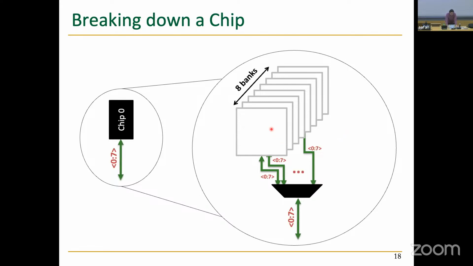Okay, so this is what's inside a chip. You have multiple banks. You have 8 bits of data coming to your chip, and all 8 banks can provide 8 bits of data. If you remember, we have these banks so that we can leverage what we call bank level parallelism. I'll describe that with an example just to remind you. Basically, you will have long latency access to each bank. Your access to a bank might take 16 nanoseconds, for example.